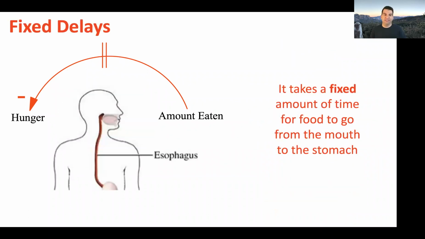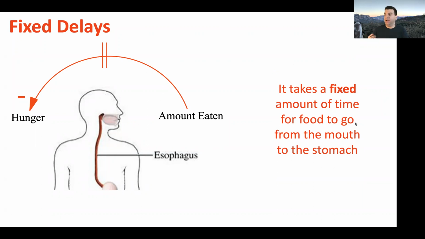So fixed delays. If we think about this food example, then if food enters the mouth at a particular point, then it travels down the esophagus at relatively constant speed and then hits the stomach. So here we're saying that there is a fixed delay from the point at which food enters the mouth and then reaches the stomach. It takes a fixed amount of time for the food to go from the mouth to the stomach.